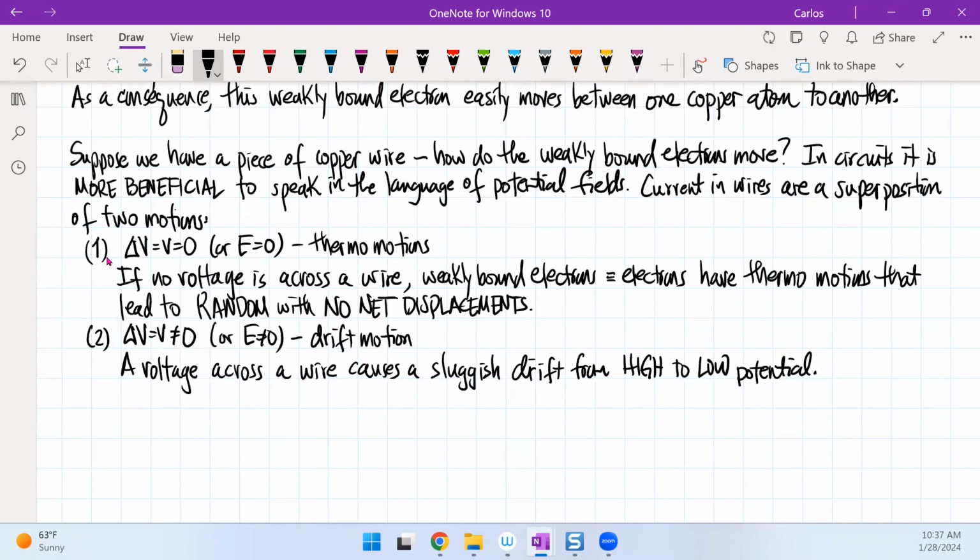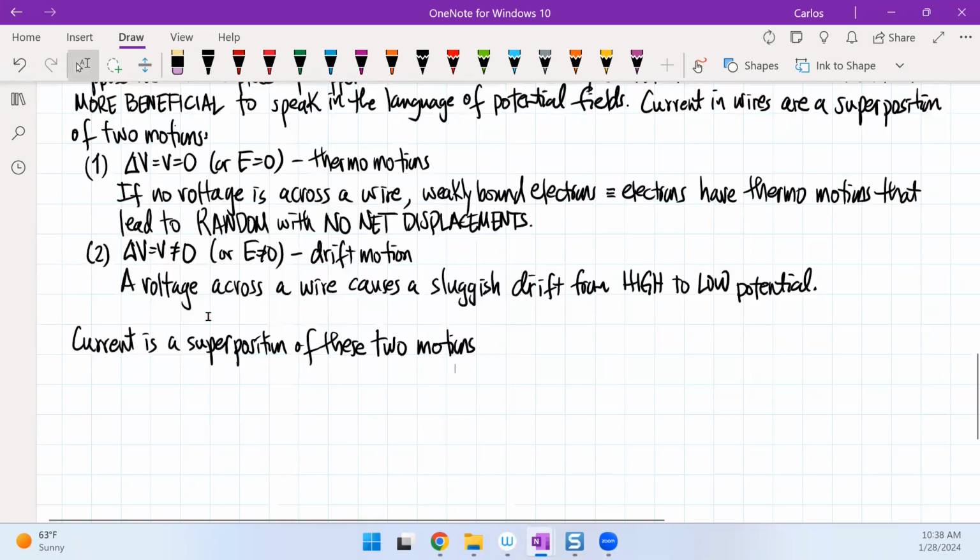So then if we talk about current, current is a superposition of these two motions.